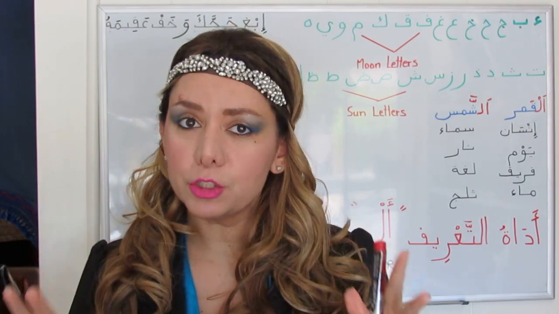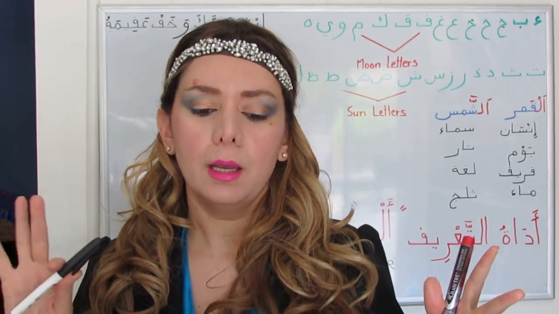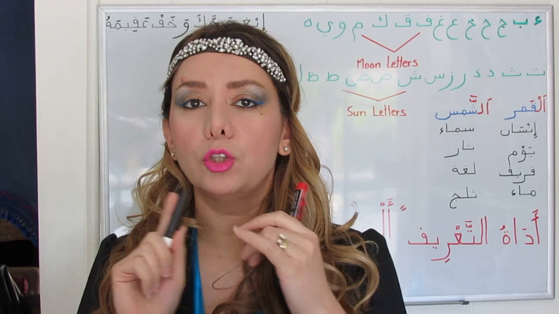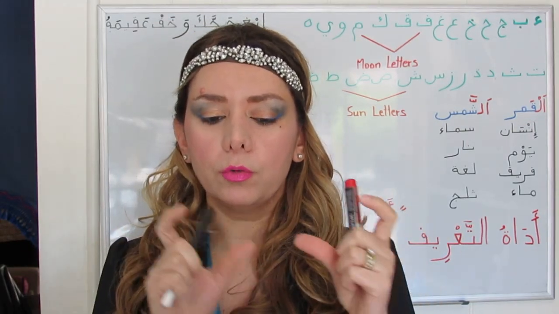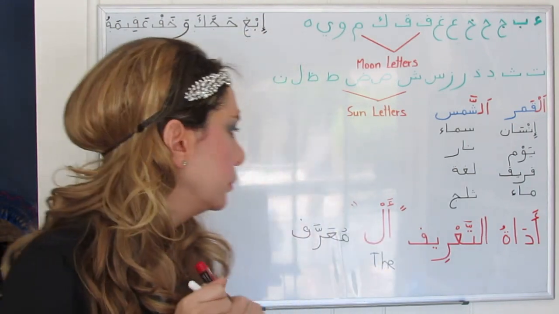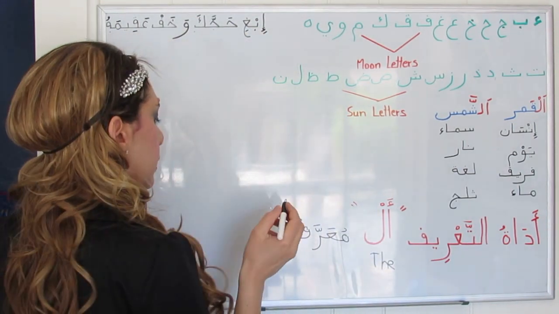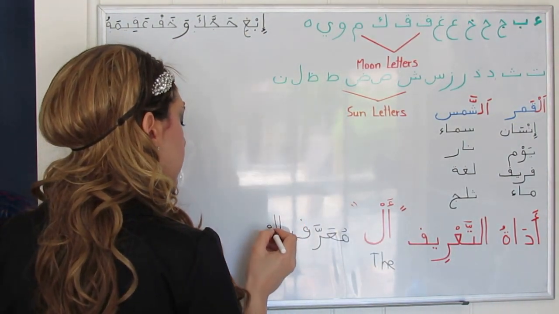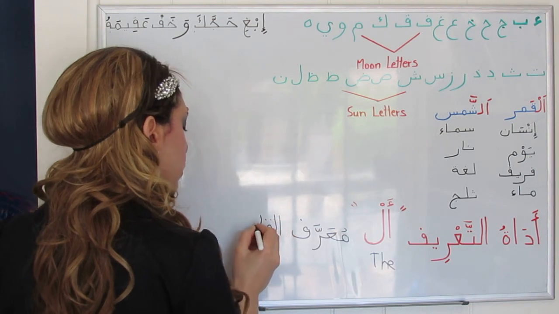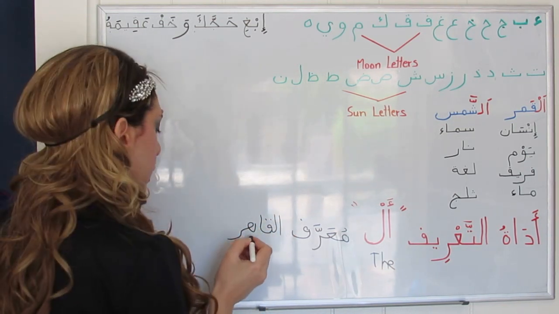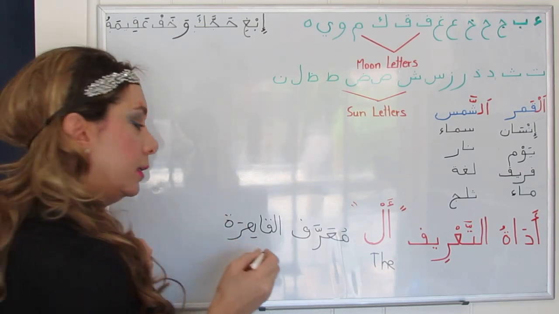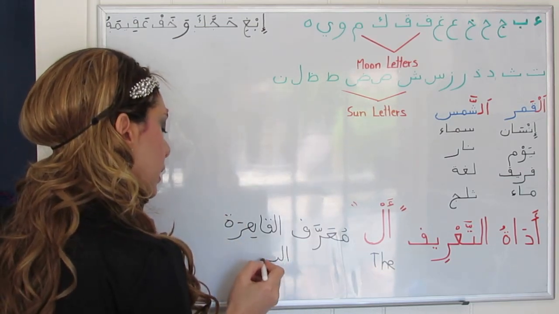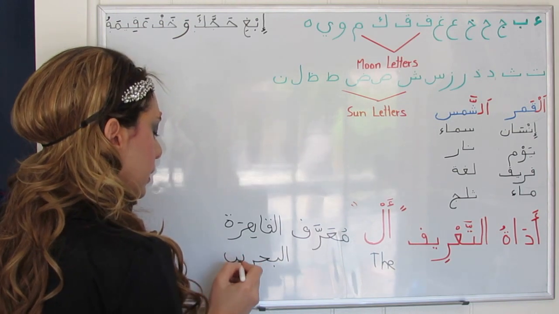As in some countries or cities, names where the definite article is part of the word. For example, Al-Qahira. Al-Qahira is the capital of Egypt, Cairo. Al-Bahrain is a country in the Middle East.